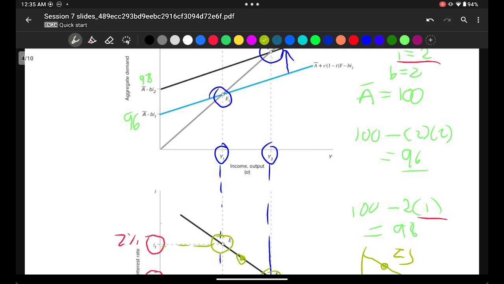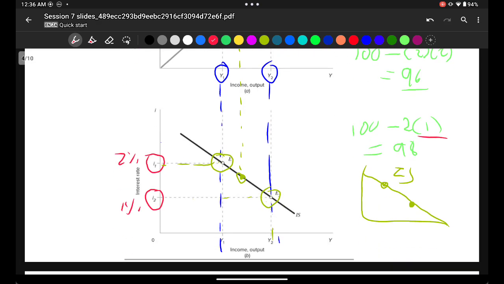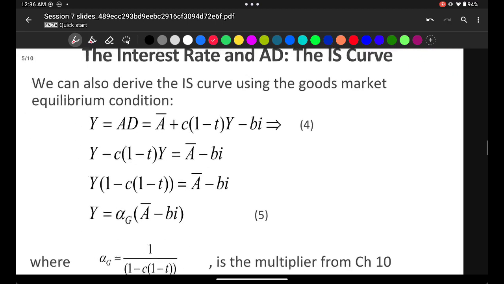Because if I trace it up, I can make my aggregate demand decrease, and anywhere on this gray line it's in equilibrium. So any point on my IS is where the goods market can be in equilibrium. You see what I'm trying to say? That is why when we join the LM curve, we say that both markets are in equilibrium. So that's the whole point of it.